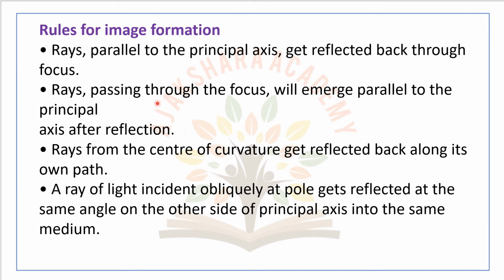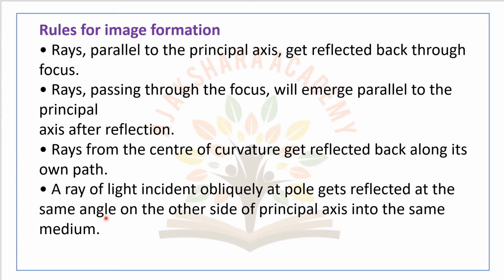So the first rule is any ray which is parallel to the principal axis, the reflected ray passes through the focus. The second rule is any ray which passes through the focus will emerge parallel to the principal axis after reflection. The third one is any ray passing through the center of curvature retraces its same path.